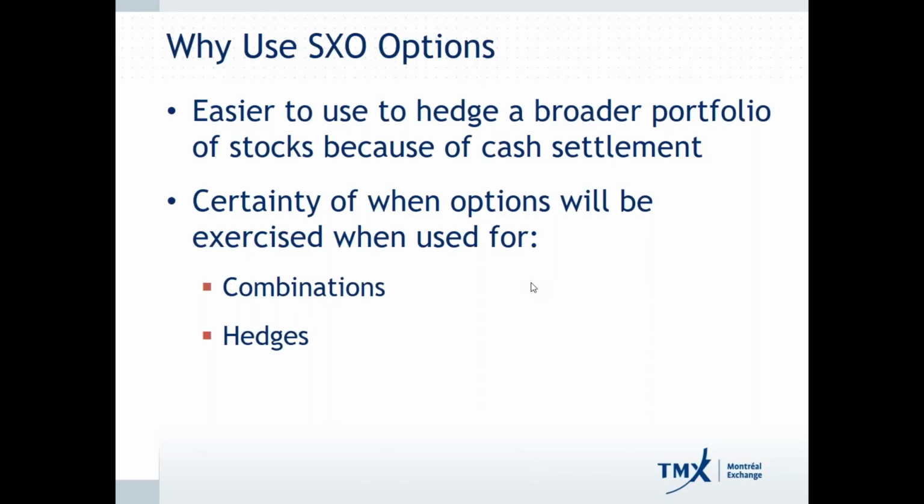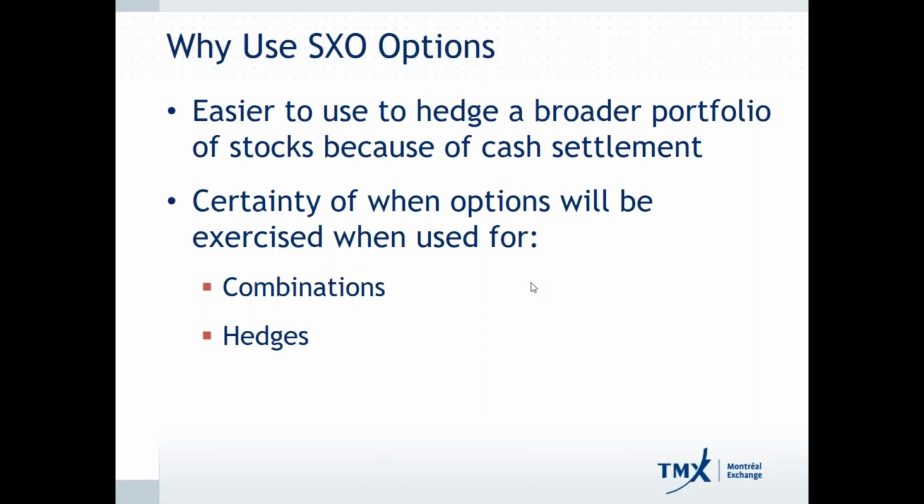So you can create combinations. We could create, let's say, a collar strategy around an entire portfolio. You sell a call option on the SXO, you collect the premium associated with selling that option, and then you subsequently use that premium to buy a put option, and all of it is cash settled, right?